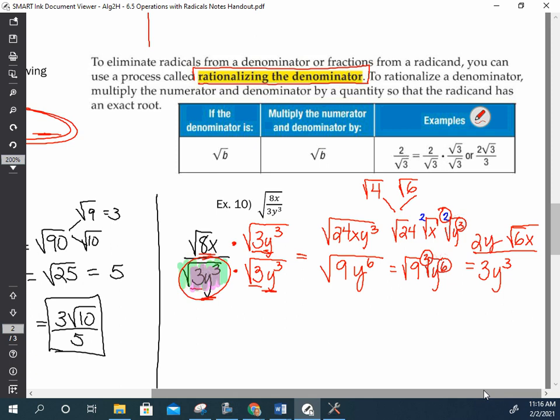So y goes outside, and you get 1y stuck inside. So you have 2y radical 6xy over 3y to the third.